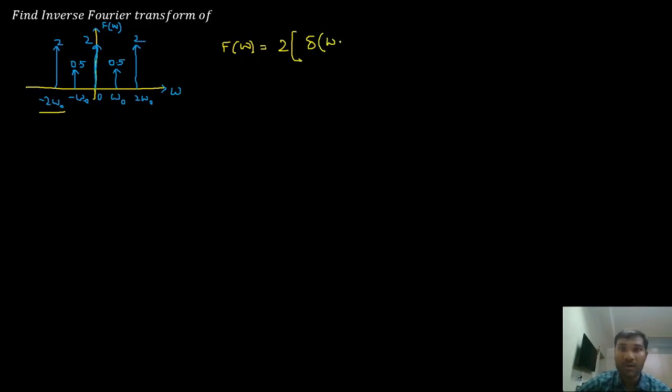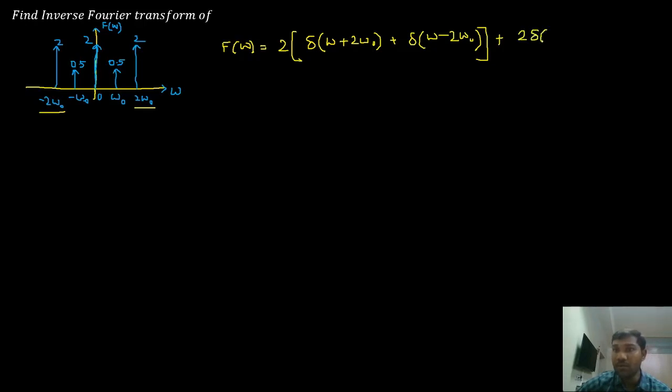So it is going to be plus 2 omega naught, and at 2 omega naught also I have an impulse, right, with the same strength again, 2 into delta of omega minus 2 omega naught, plus I have one more impulse function at 0.